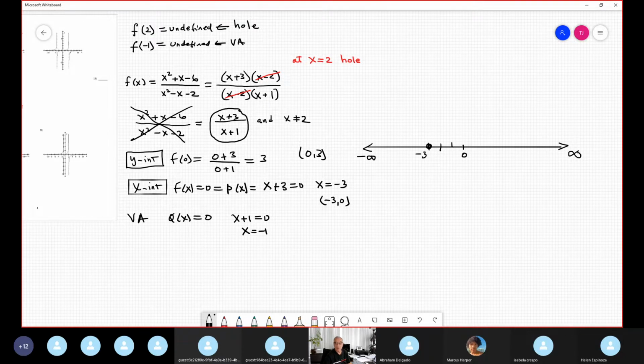And at -1, here we have the vertical asymptote. See, I need to make a selection of points. Well, I select maybe 0, or 1, or 2, or 3, or 4, or 5. And between -1 and -3, maybe -2. 2, no. 2 never, because at 2 we have a hole. Remember, never select it. Never select it. After that, -4, -5.